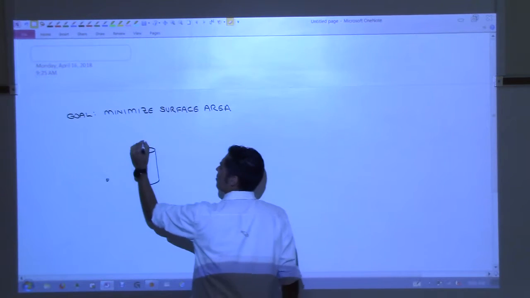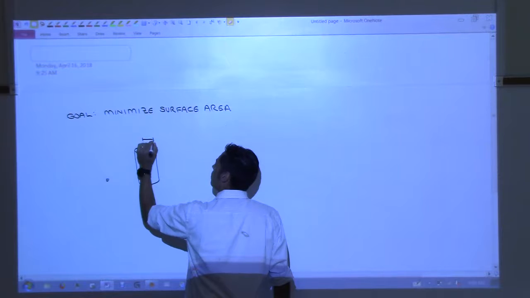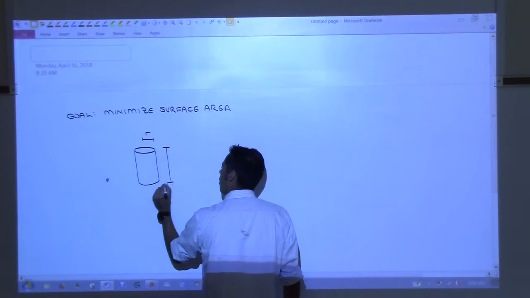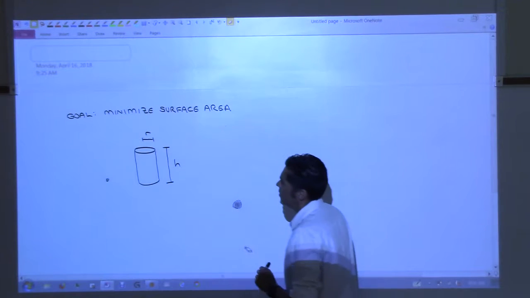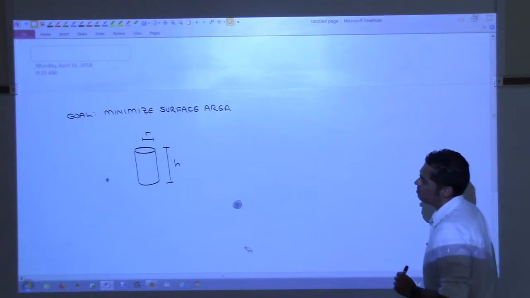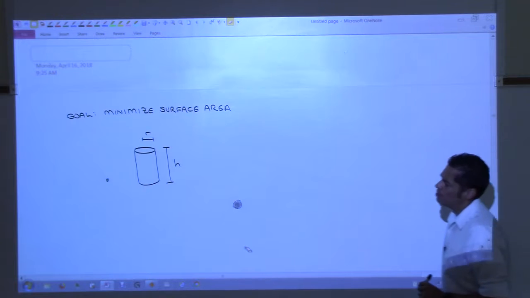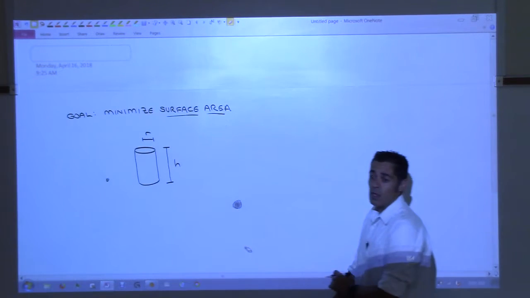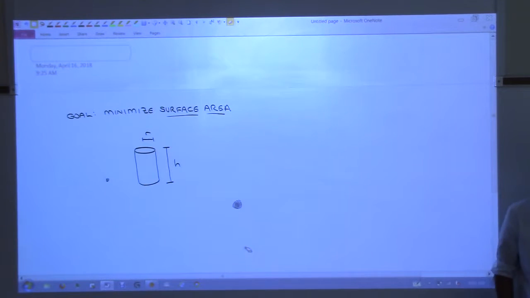So this can has some radius. Let's call that little r. It has some height, which we'll call h. And if we're trying to minimize the surface area, we need a formula for the surface area, don't we? We actually need to come up with an equation for surface area.